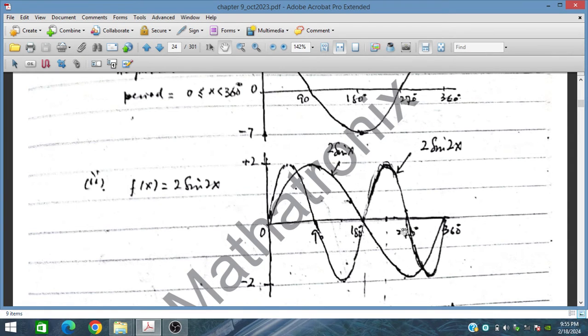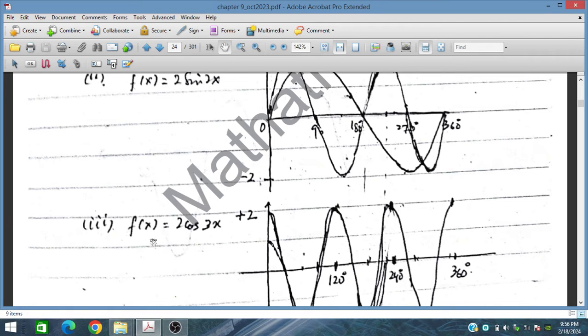Similarly, -1 at this point multiplied by 2 is -2. While 2 sine 2x will be represented like this. It will repeat here. The maximum value will be here, and the period is halved. So the period of sine 2x is from 0 to 180 degrees, while the amplitude is 2.